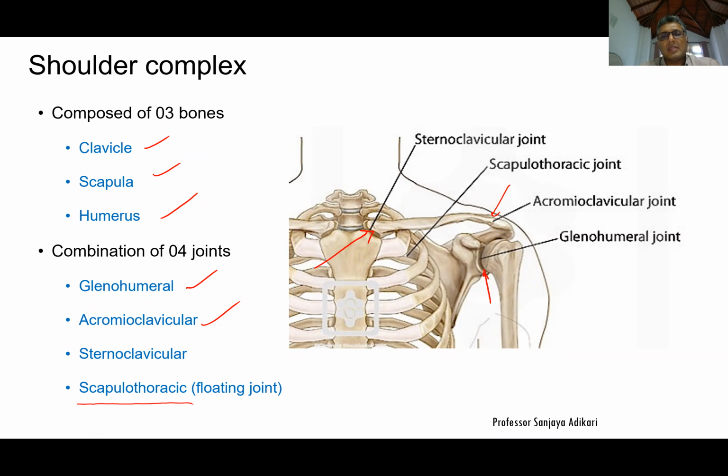You have the scapula here, then the posterior surface of the thoracic wall here, and the scapula glides or floats on the thoracic wall, even though there is no physical joint. That is taken as a floating functional joint. So these 4 joints will form the shoulder complex together with the 3 bones.